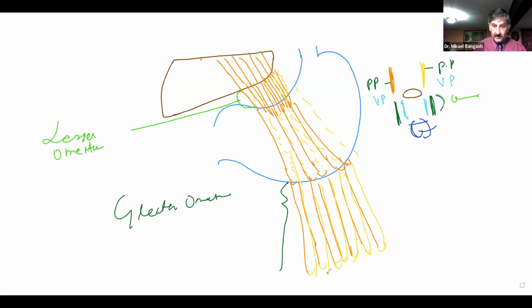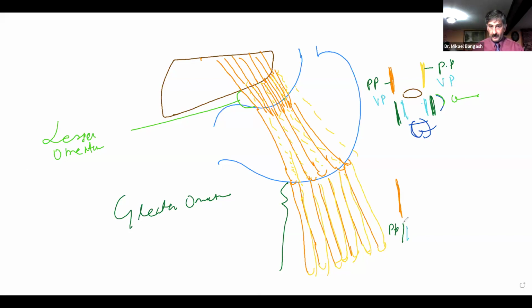But the same arrangement is going to be down here. So at the front, or anteriorly, we have the layers of peritoneum, and it's going to continue. What are they going to be made up of? They are still going to be made up of parietal peritoneum and visceral peritoneum.